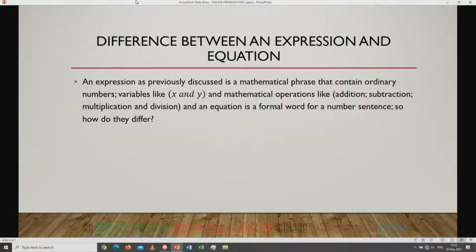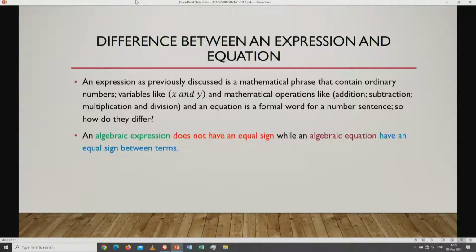Let us see. An algebraic expression does not have an equal sign. When we talk about an expression, we have to understand again that an expression will not have an equal sign at all. It will be just an expression like 2x plus 3x. There is no equal sign there, so it means it is an expression.